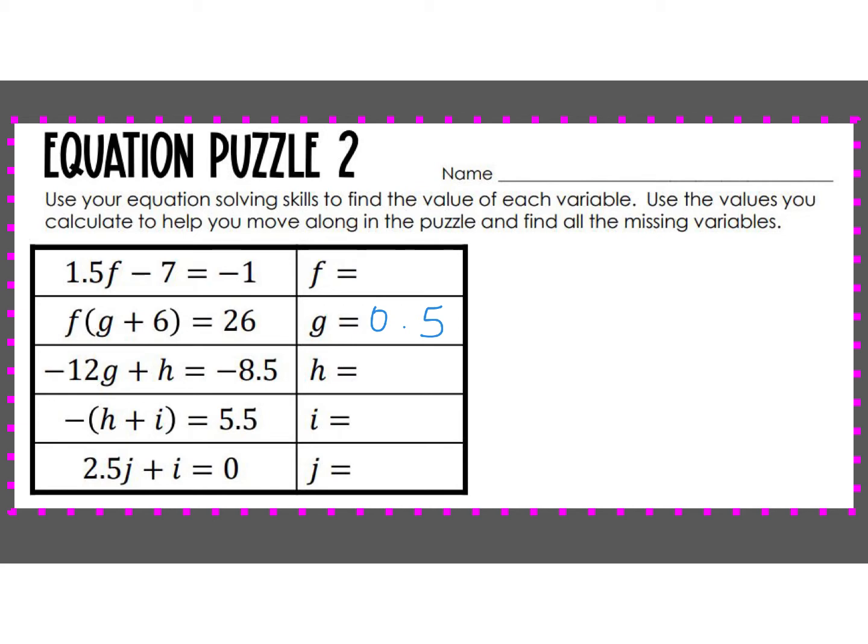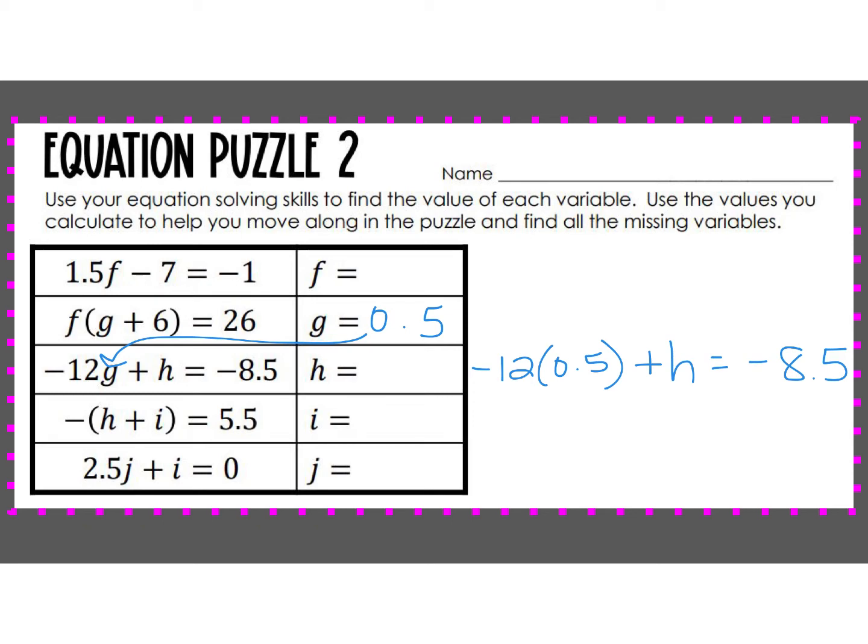When you go to plug in that G value for the G in the next layer, watch this little extra step that you might not have seen before. So we're going to have that negative 12 times G, which we know is 0.5, plus the H value, which we do not know, we're solving for, equals negative 8.5.